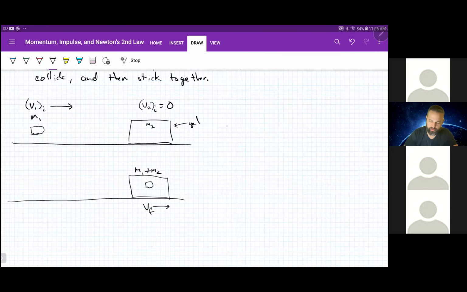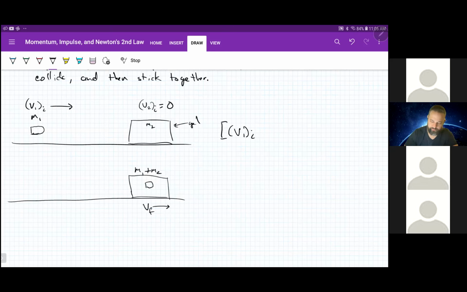We would have V1I times M1 plus V2I times M2. And then down here we would have M1 plus M2 times V final.